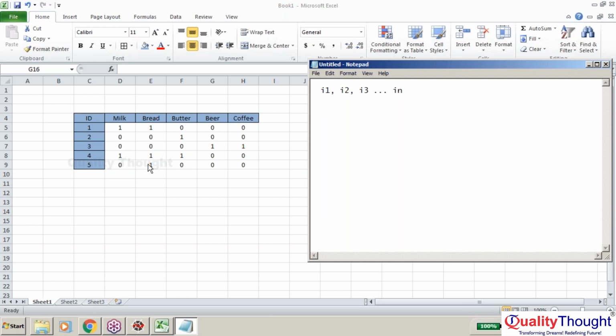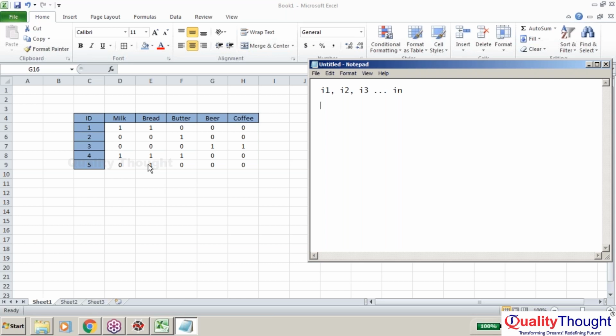Now, these sorts of things that we can clearly understand from the given transactions can be understood more clearly with association rule learning. We have two different types of algorithms in association rule learning: one is Apriori and another one is Eclat.